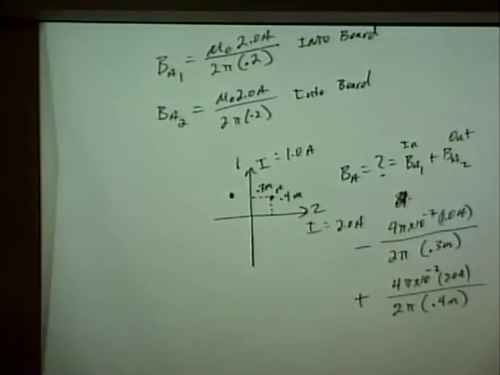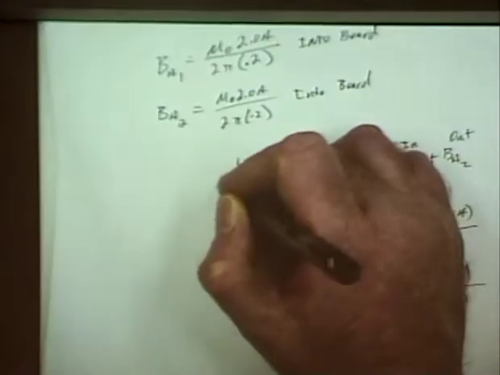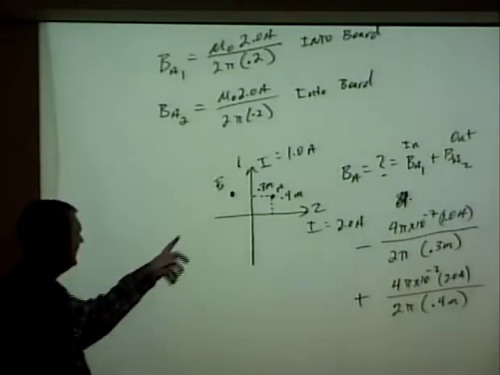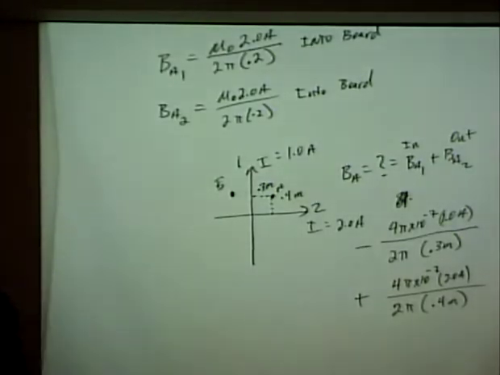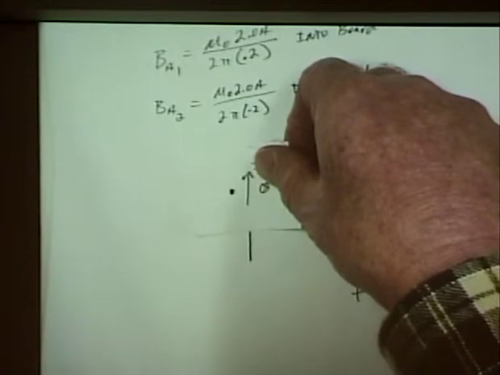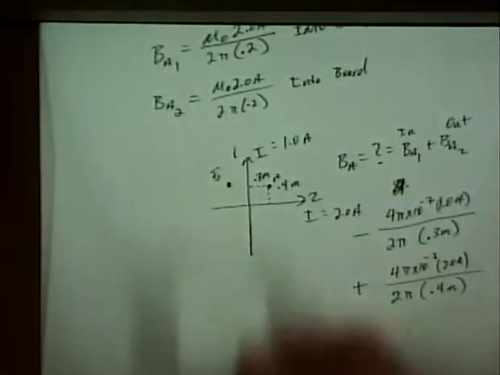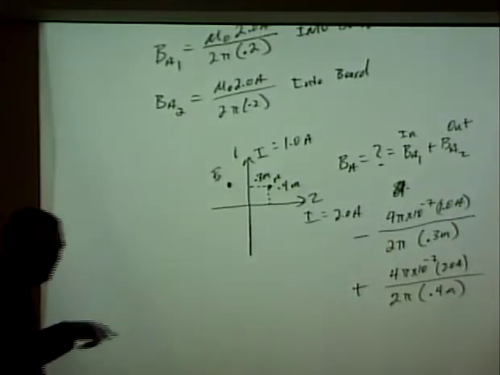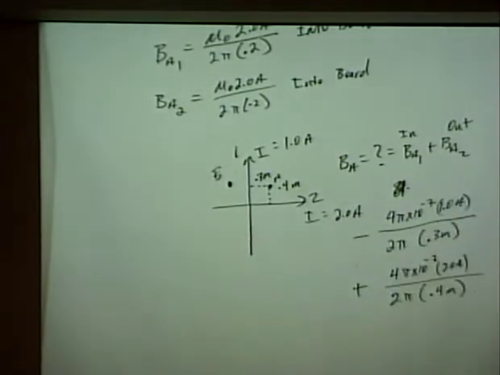Now then, let's look at B. All I want to know is which direction it's going here at B. So for wire 1, what's it doing? Out. For wire 2, what's it doing? Out. If it's equidistant from both wires, it's just double whatever the one magnetic field is. So yes, these things are kind of handy. Make yourself one of these, and then you can do your homework problems.